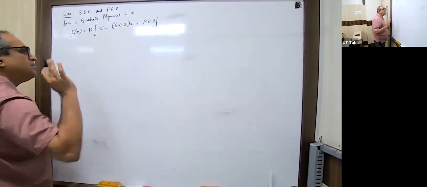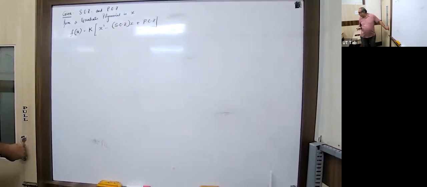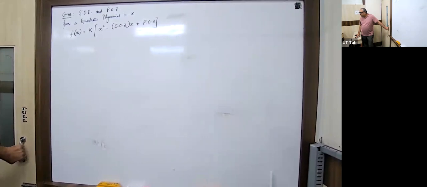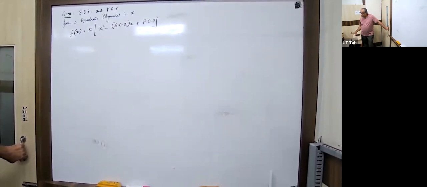That's it. So simple. x squared minus sum of the zeros into x plus product of the zeros.